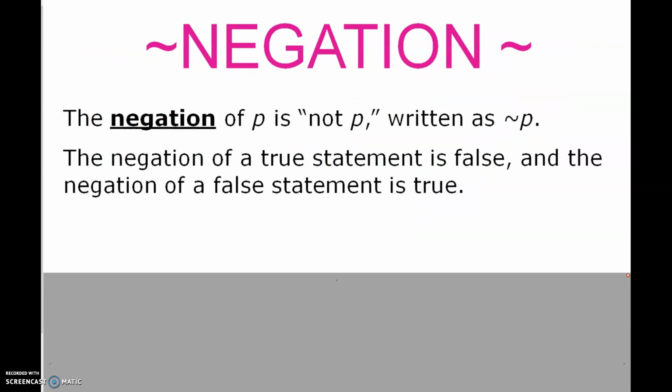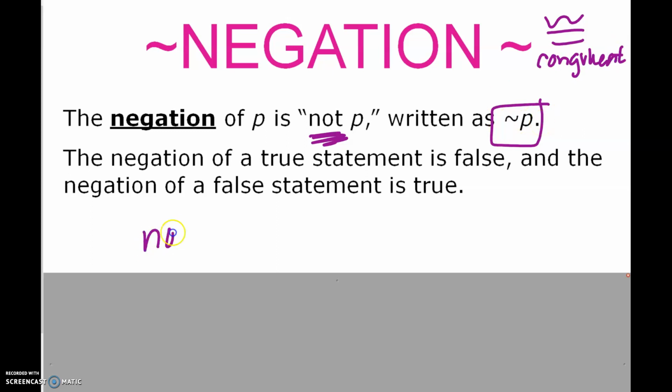All right, negation. When you negate something, you are putting basically the word not in front of it. How we write that in math is this little tilde symbol. When we had an equal sign with this mark above it, that means congruent. But if you just have that tilde, it means not.